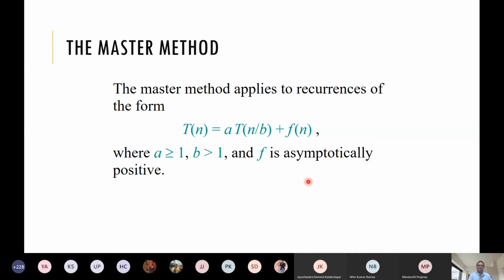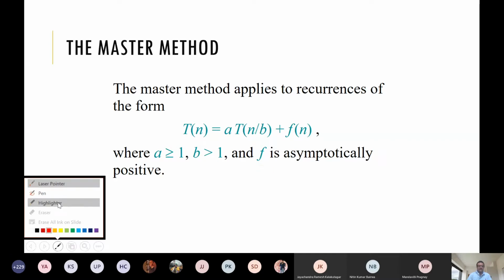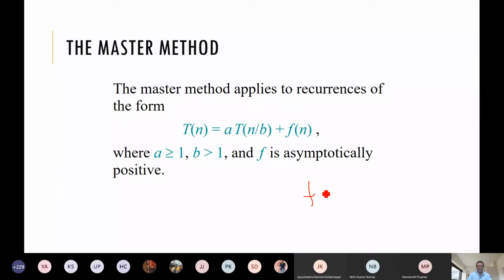So f could be negative for some initial values of n. After that it is positive, but in most of our cases f is positive, like f is for merge or f is n. Asymptotically positive means f(n) is greater than 0 for all n greater than or equal to some n0.